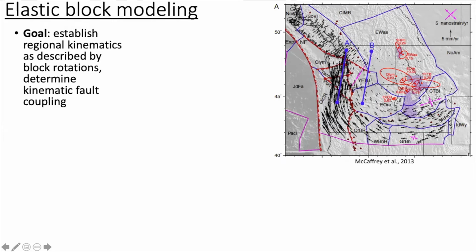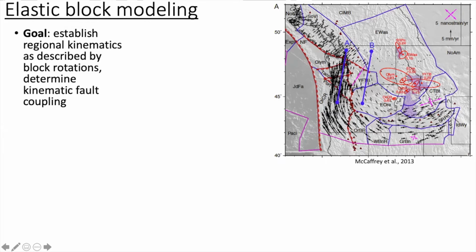And so you draw boundaries between these interacting crustal blocks, like shown here in Cascadia. Then, by using regional kinematic data like fault slip vectors, earthquake vectors, and GPS velocities, we invert for the degree of coupling or locking on the faults that bound these blocks, as well as the poles of rotation of those blocks.